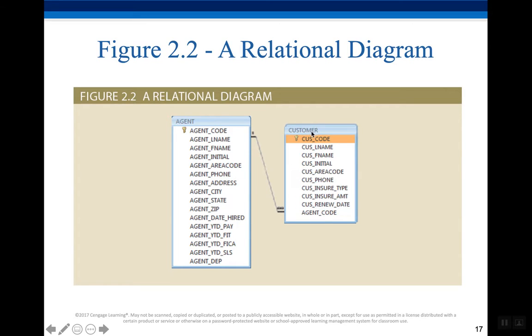And actually, this diagram, this relation, this picture right here tells us a fair amount. It tells us we've got two tables. It tells us what all the fields or attributes of each table are. It shows with this line that these two tables are connected, and there's a common field.